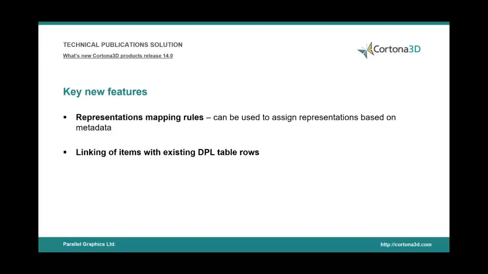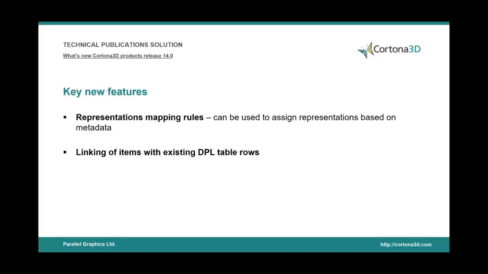And the second very valuable new feature is the automatic linking of items with existing DPL table rows. In Rapid Catalog, whenever you have imported your DPL table from Excel, for example, or perhaps you manually created your table or imported it from another CAD file without 3D geometry, if you would like then to import another geometry and link your 3D items with those DPL table lines, you can do this with this new feature.